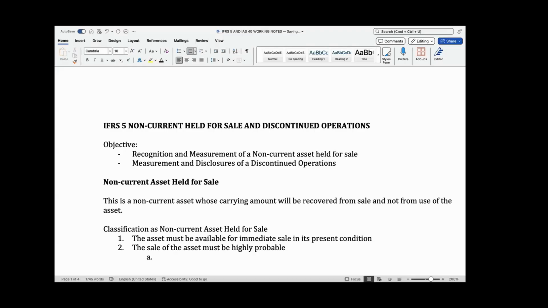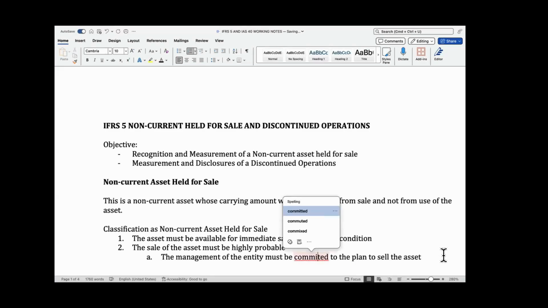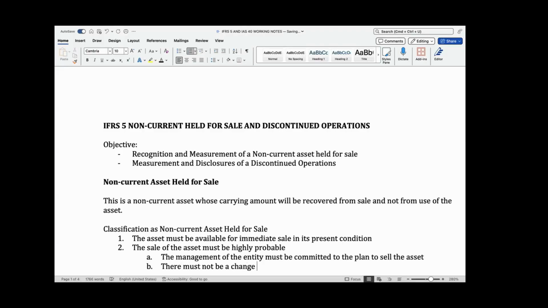It means that the management of the entity must be committed to the plan to sell the asset. They must be committed to it. And being committed to it also means that there must not be a change in the plan to sell the asset.